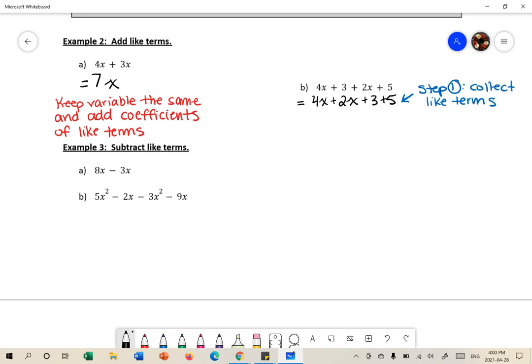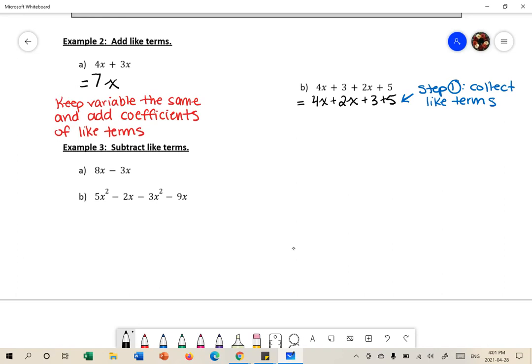When we collect like terms, we ensure that we don't miss adding or subtracting any like terms together that are somewhere else in the expression or the equation. So they're beside each other and it's easier for us to read and less likely for us to make a mistake or forget a term.